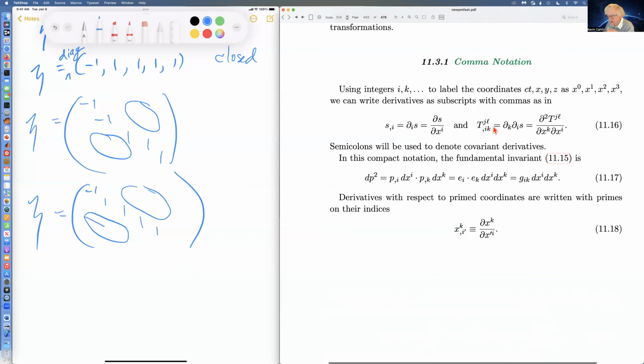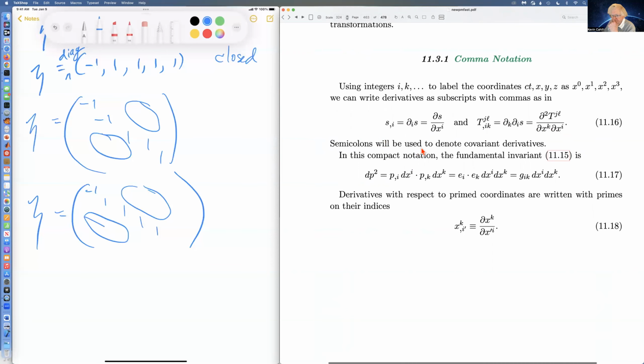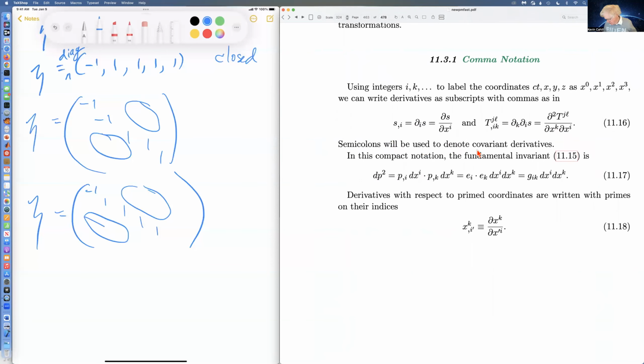Or if you have a tensor and you're taking the derivative with respect to I and K, then that is written this way. Semicolons are used to represent covariant derivatives. Well, we haven't gotten to covariant derivatives yet, but just so you know, a covariant derivative is a derivative that transforms like a covariant vector.